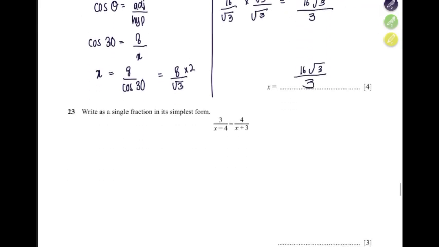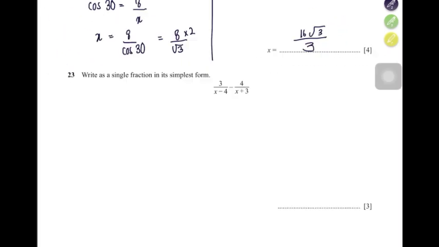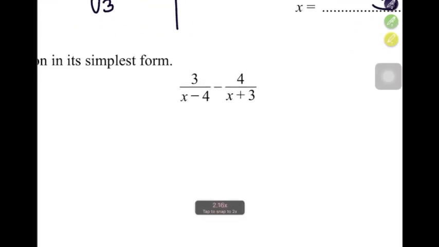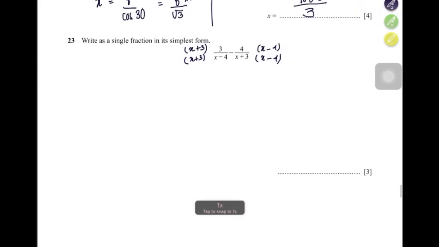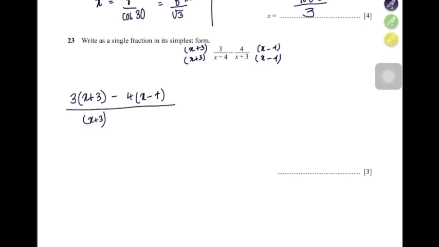Write as a single fraction in its simplest form. Whenever you see two fractions with different denominators and a plus or negative sign in between, you have to make the denominator the same. So what we'll do here is multiply with x plus 3, and then here we'll multiply with x minus 4. So 3 into x plus 3 minus 4 into x minus 4 divided by x plus 3, x minus 4.